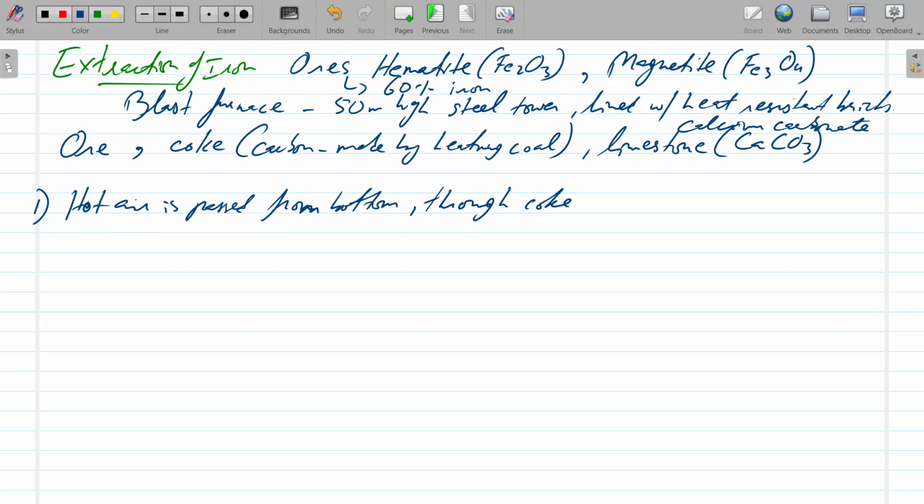And we know the coke is carbon. So you've got carbon, which is a solid, you've got oxygen, which is a gas, and you are getting CO2, which is a gas. So you're getting hot carbon dioxide. Is it balanced? Let's be quick about this. Yeah, okay, it is balanced.